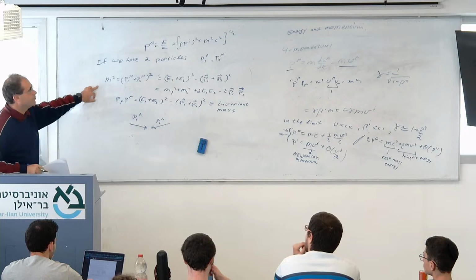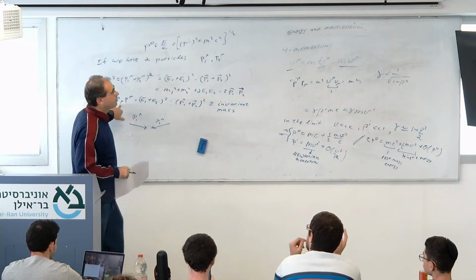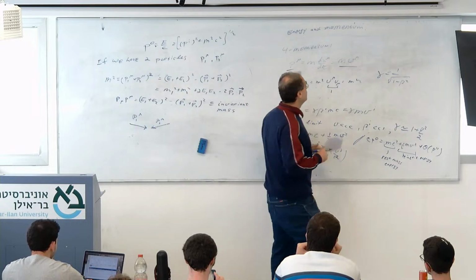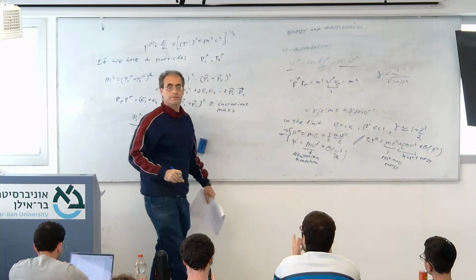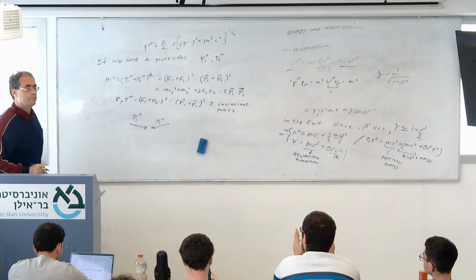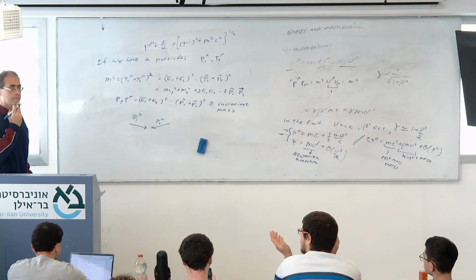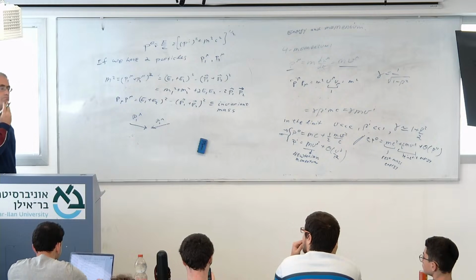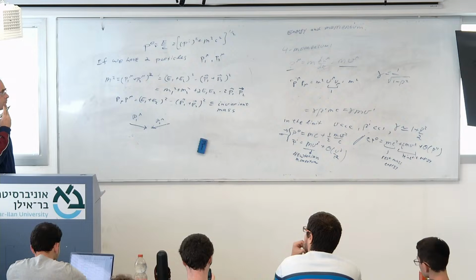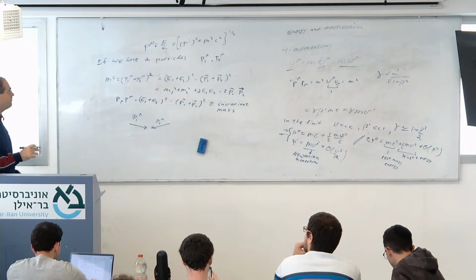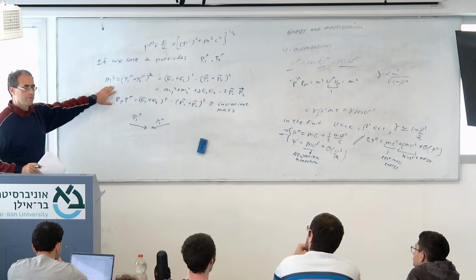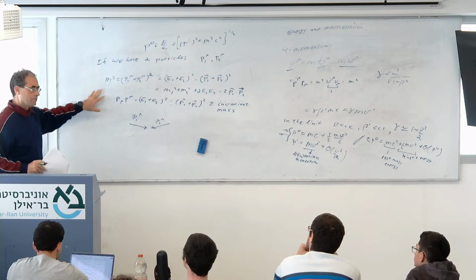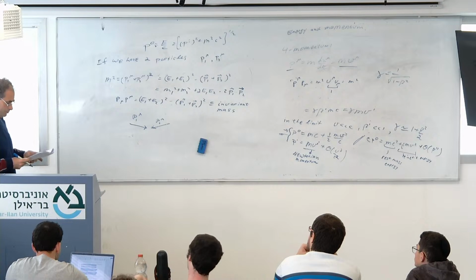Yes, because the norm of P mu is invariant. If I know P mu, I know the invariant mass, so the mass is well defined. So why did you tell us that? Here I have a situation where I have two particles.